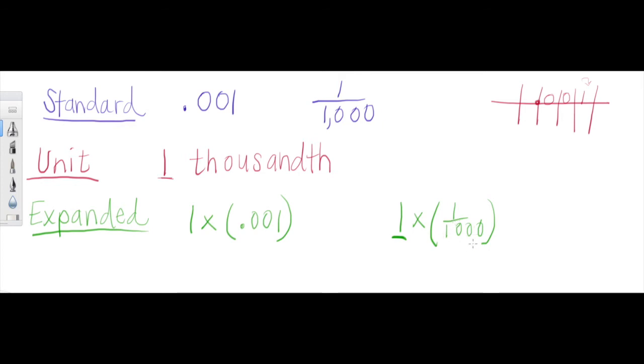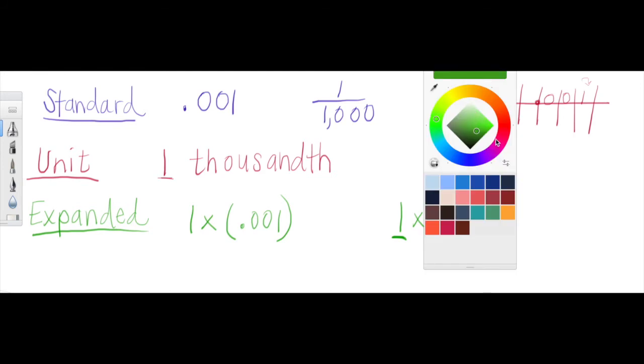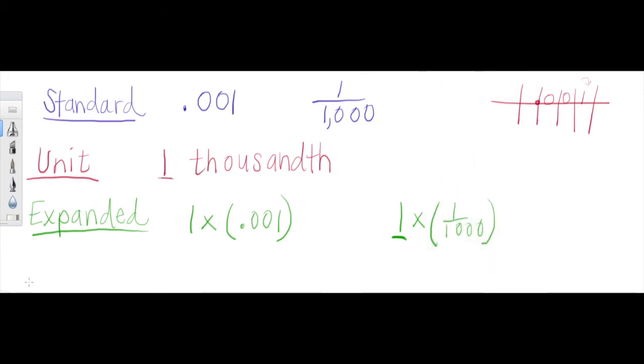Okay, so let's make a little bit more complicated problem here for you guys. Oh, sorry, before we do that, I forgot about word form. Sorry, word form, no offense. Word form, here we go.